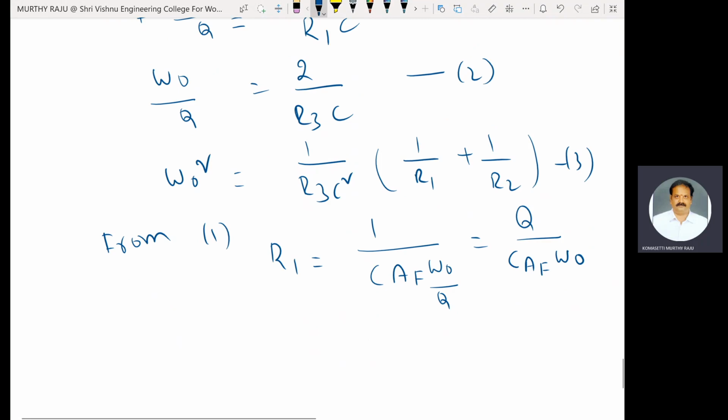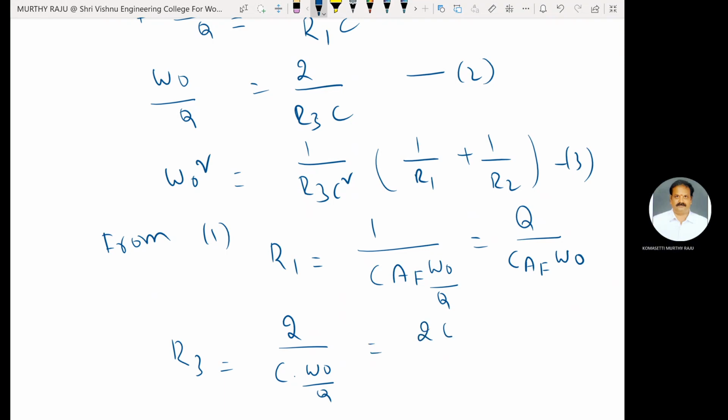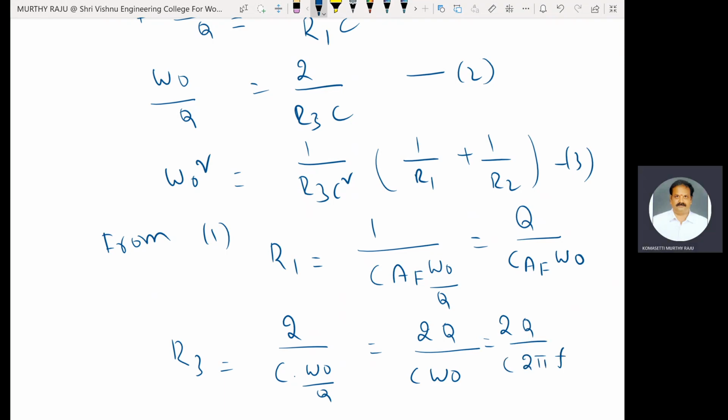See, already for simplified design calculation, C1 is equal to C2 is equal to C. At the beginning, I declared C1 is equal to C2 is equal to C. And from the second equation, R3 is equal to 2 by C into omega naught by Q, that is equal to 2Q by C omega naught, which is 2Q by C, 2 pi FC.